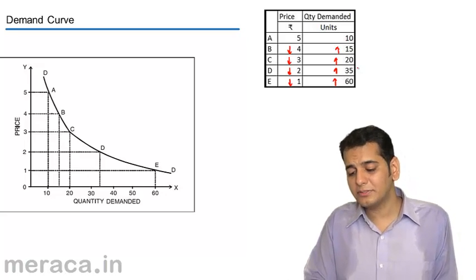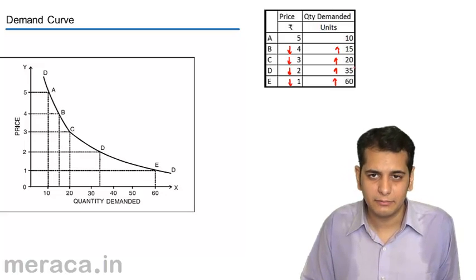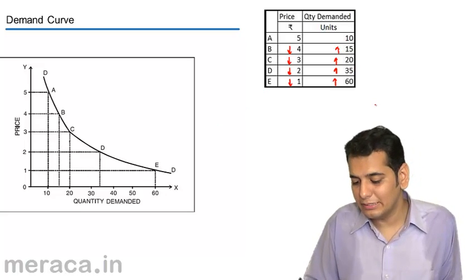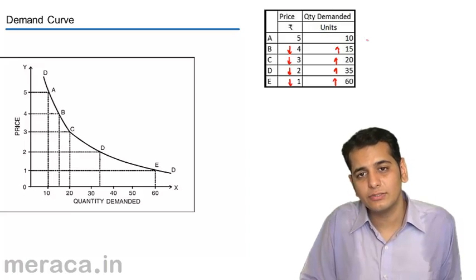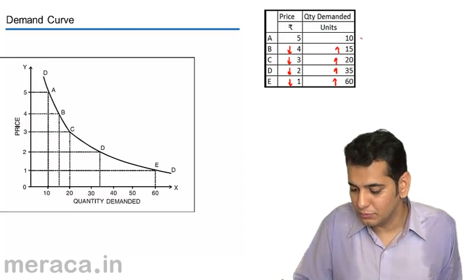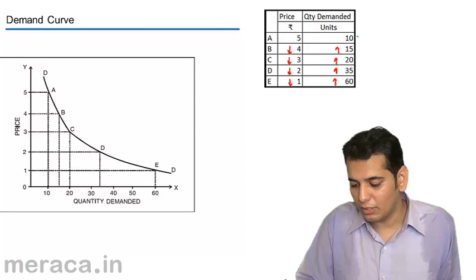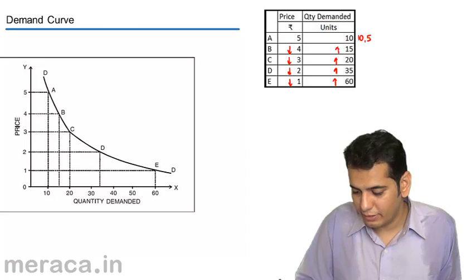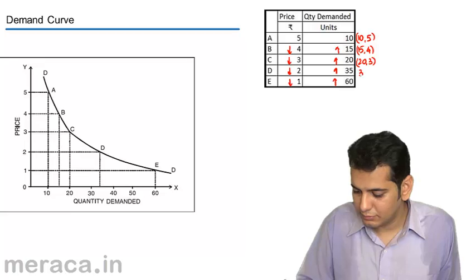Now how do we represent this graphically? To represent this graphically, we take coordinates in this schedule. The coordinates in this schedule are 10 and 5, 15 and 4, 20 and 3, 35 and 2, and 60 and 1.